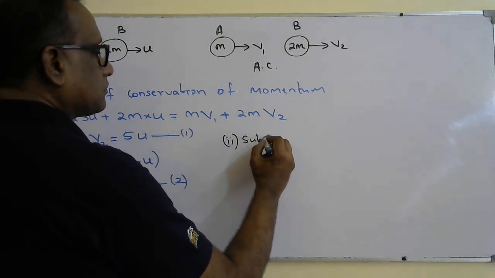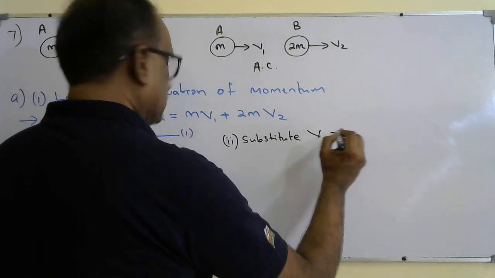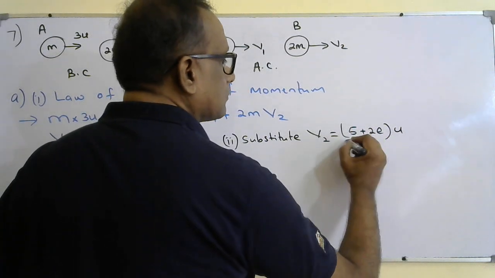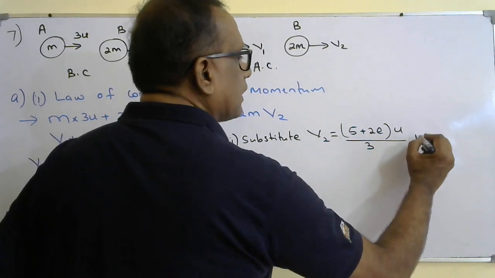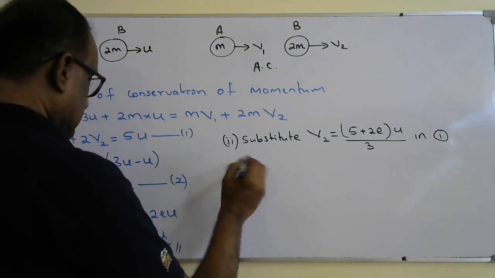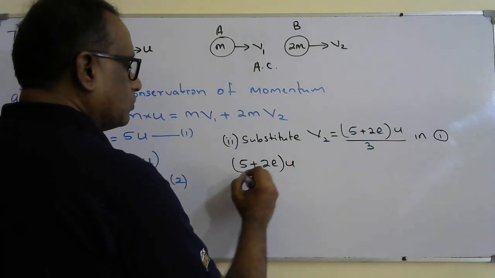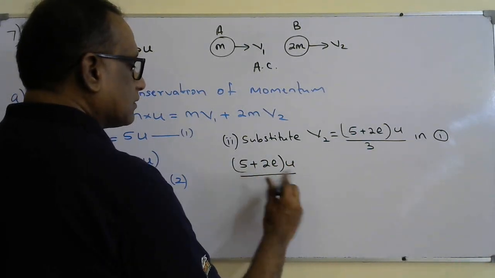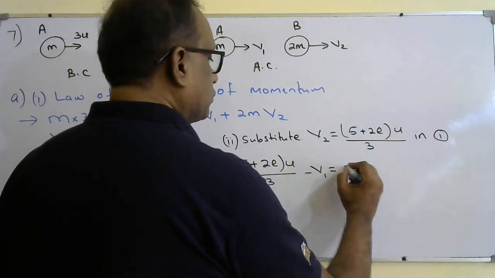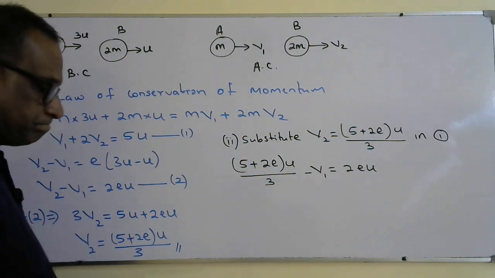Substitute this in equation 2. So if you substitute, that is (5 plus 2e)u over 3 minus v1 equal to eu. Okay, solve it. You know how to solve it.